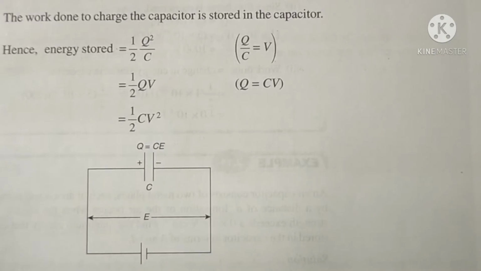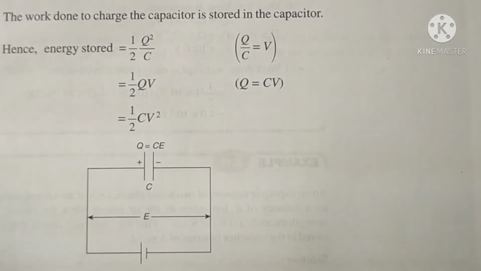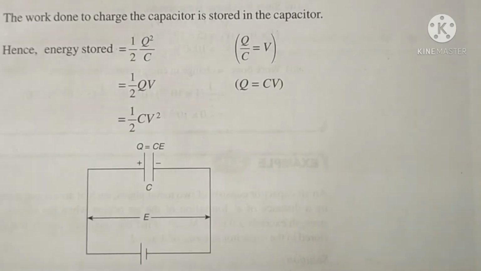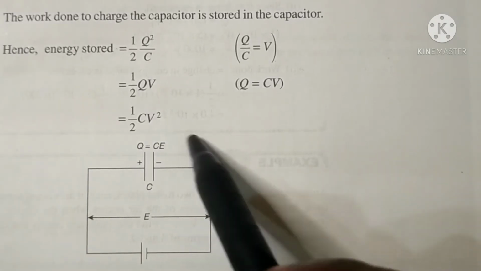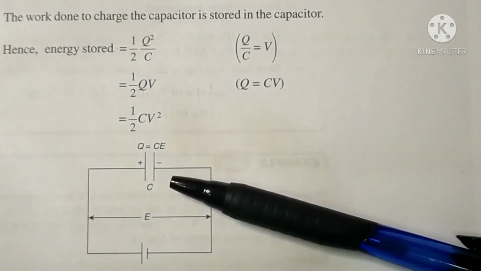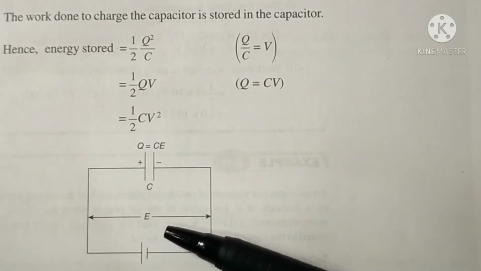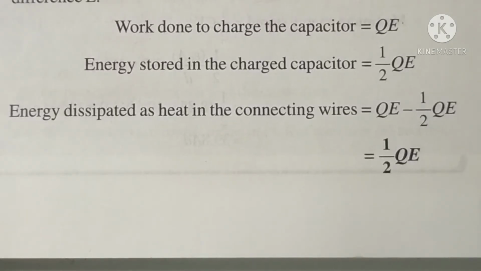When a capacitor is charged by a battery of constant EMF E, the electromotive force of a battery, with negligible internal resistance as shown in this figure, charge is driven from the battery to the capacitor under constant potential difference E. Work done to charge the capacitor is equal to QE.